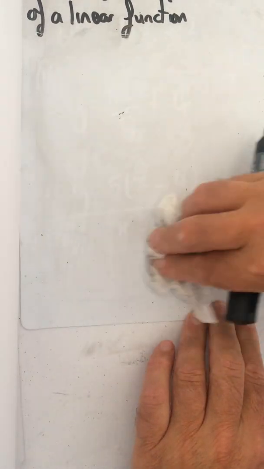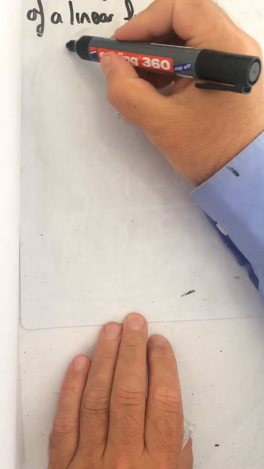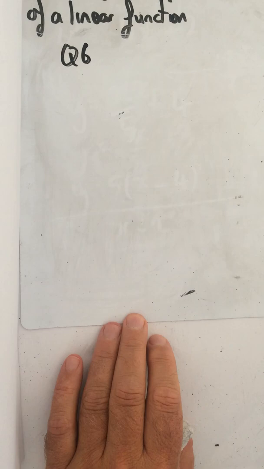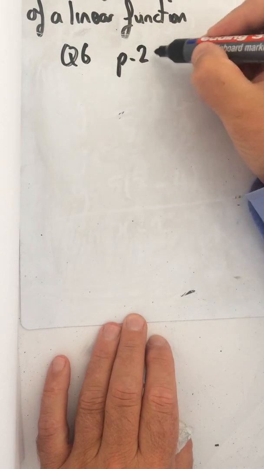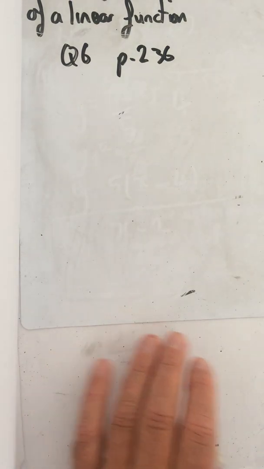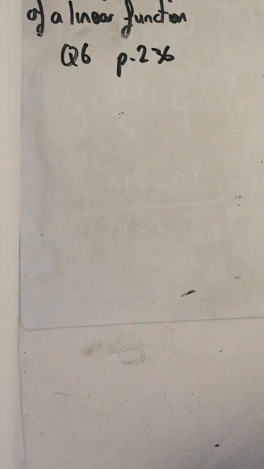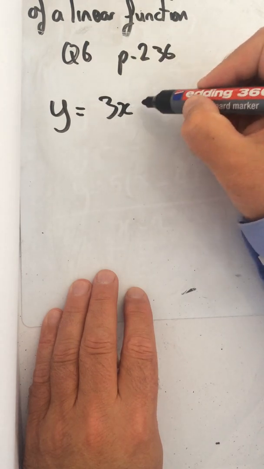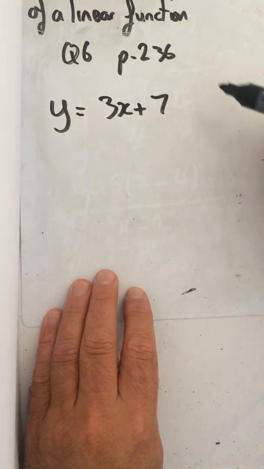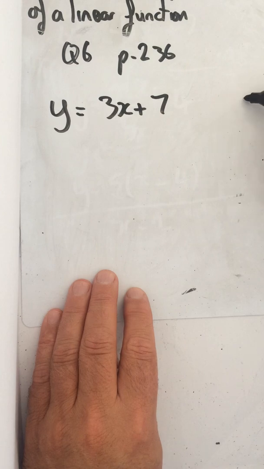Could you have a go, please, at question 6 in the book? So again, page 236. I should have mentioned this last time: write out the original, y equals 3x plus 7, and then you can write the inverse either to the side or underneath.